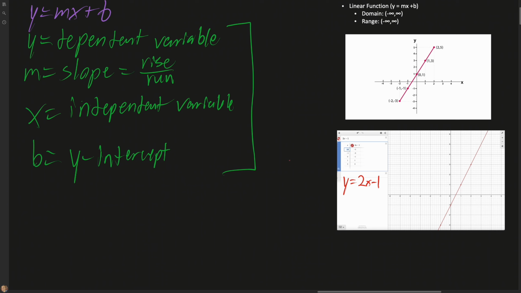We have our slope, m, as noted, and m is going to be 2. Then we have x as the independent variable. It's meshed in with 2 over here, and it's just held as a constant. Meanwhile, the y-intercept, we note, is -1. So b is going to be equal to -1.